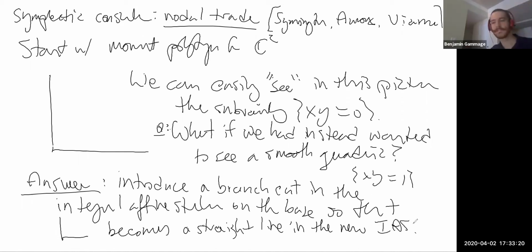So the integral affine structure is precisely the structure which you get on the base of a Lagrangian torus fibration in symplectic geometry.